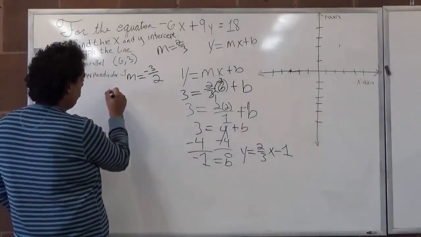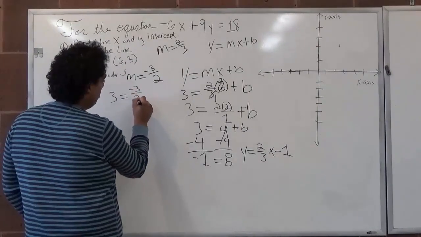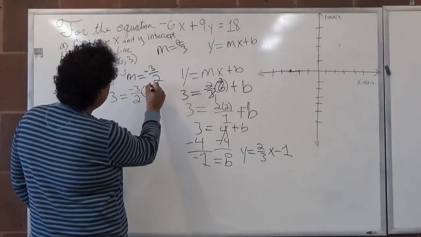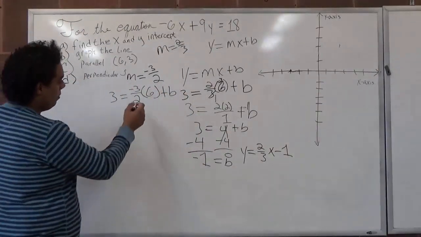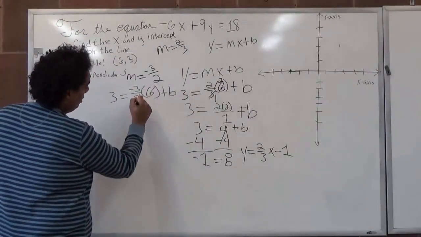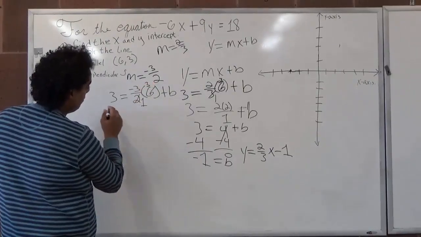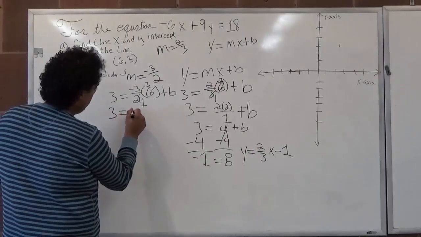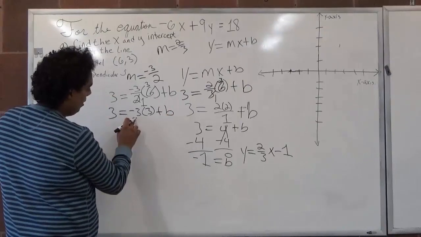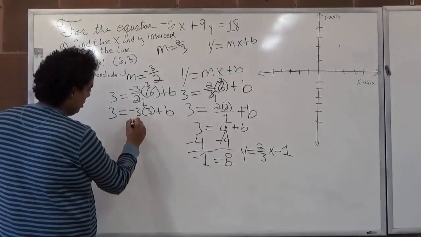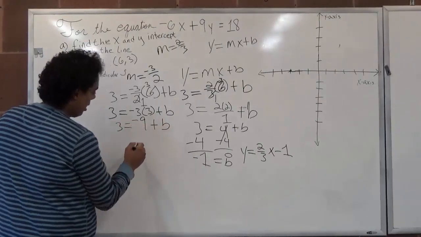We have y, which is 3, equal to negative 3 over 2 times 6 plus b. Again we can cancel out the 2, so 3 is equal to negative 3 times 3 plus b. Negative 3 times 3 is negative 9 plus b.